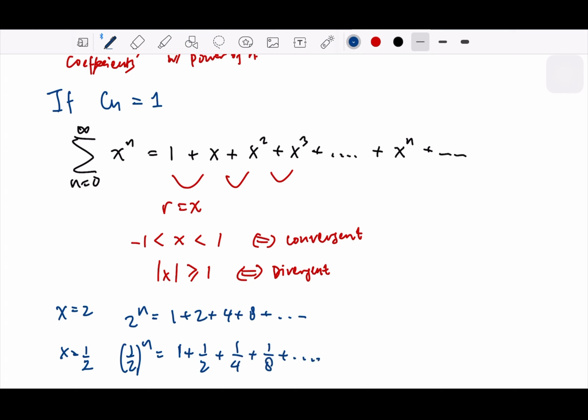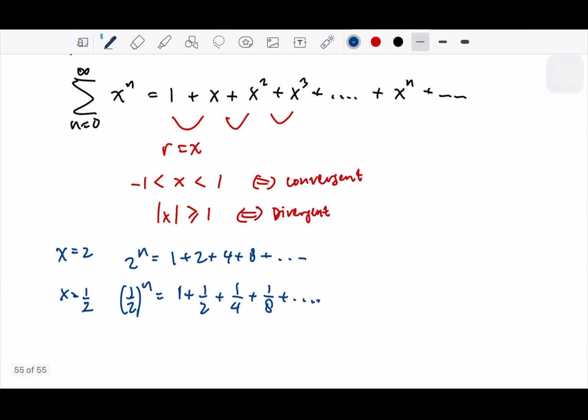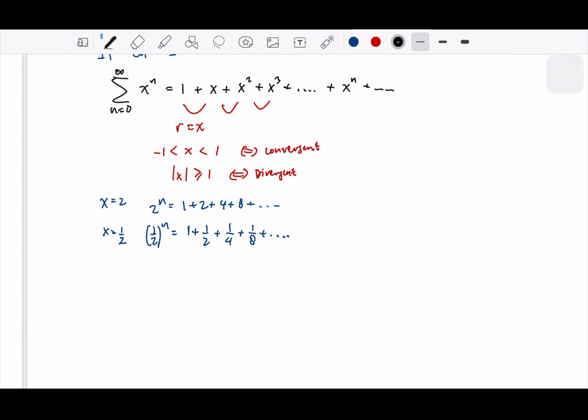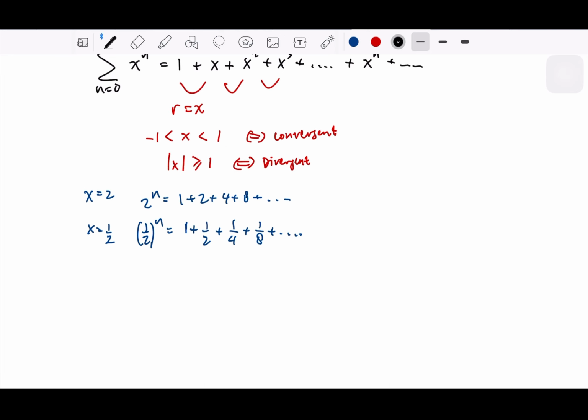Now, as a general form of this power series, we can write it in a more general way. It's not just only x, but it's x minus a with power of n.